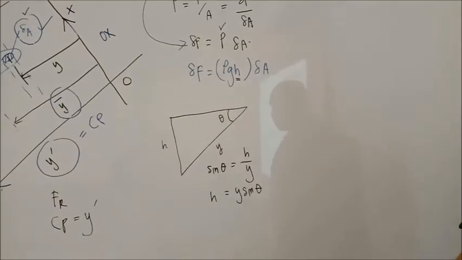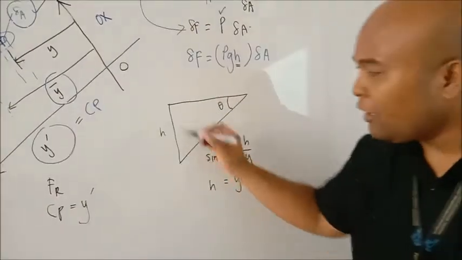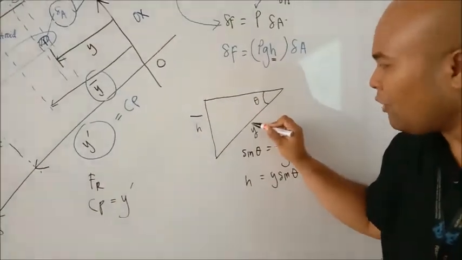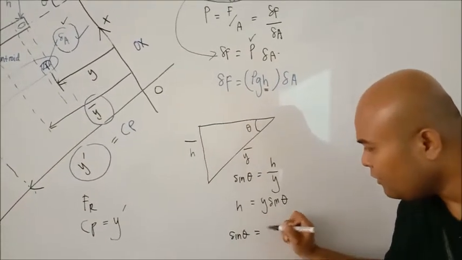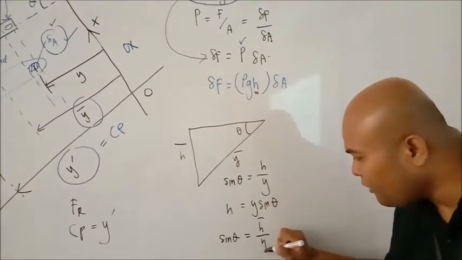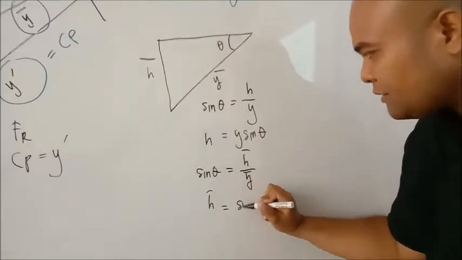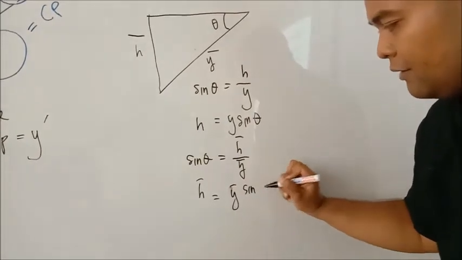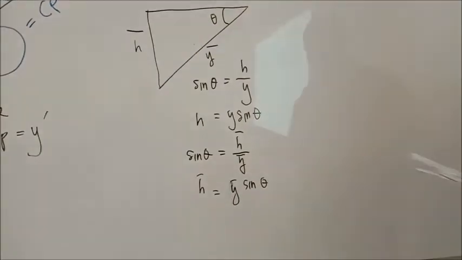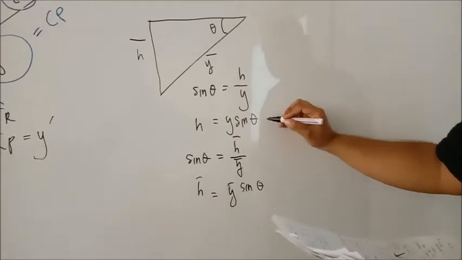Same goes to the condition when at the centroid. Now we dealing with H bar and Y bar. So sin theta sama H bar over Y bar. So H bar equals with Y bar sin theta, ya. Jadi masukkan ke dalam persamaan yang ini.